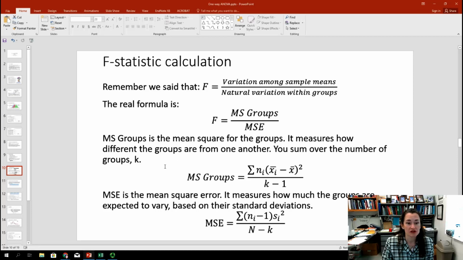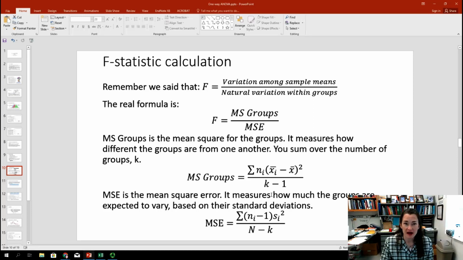You sum over the number of groups, K. So here, the mean square for the groups is equal to the sum of N sub I times xi bar minus x bar squared. So remember, N sub I is the number in group I times the average for group I minus the complete average over all values squared. Okay?